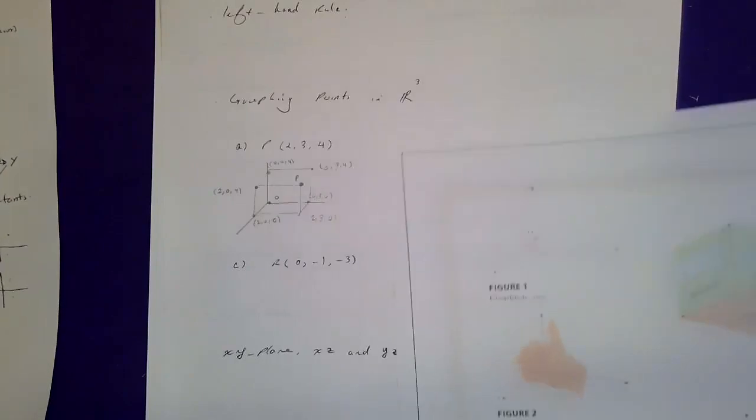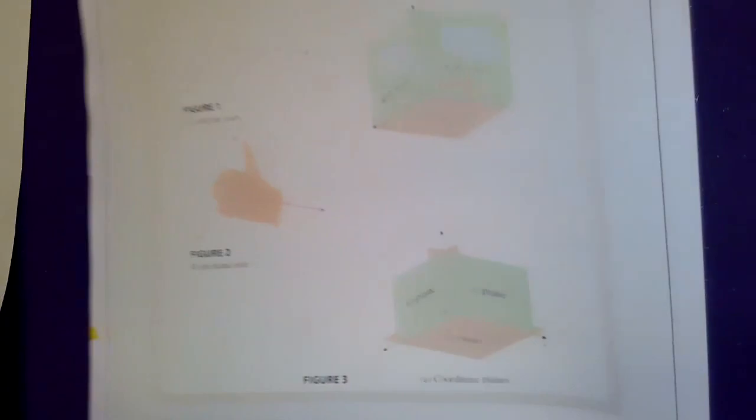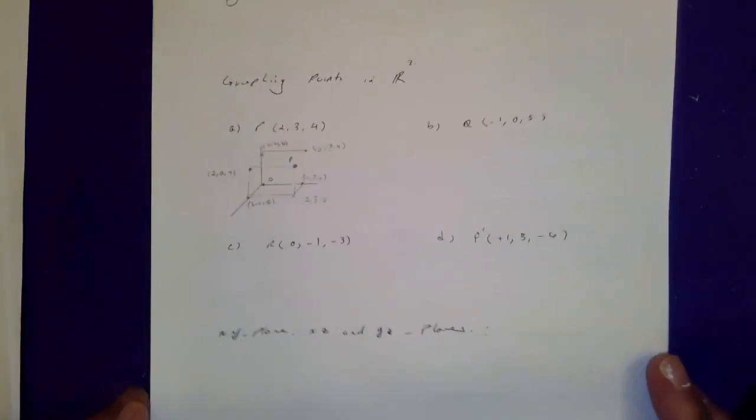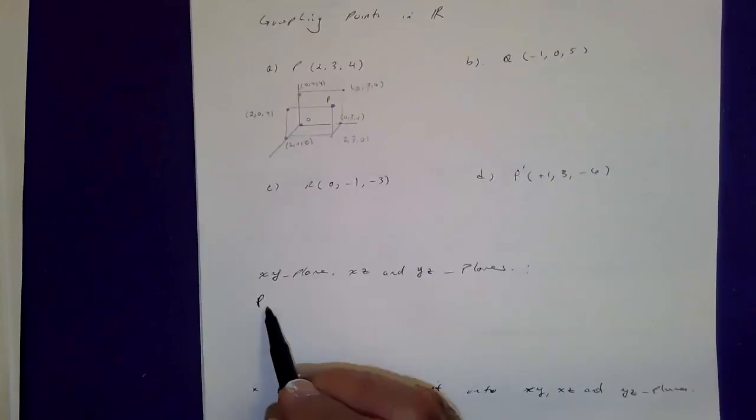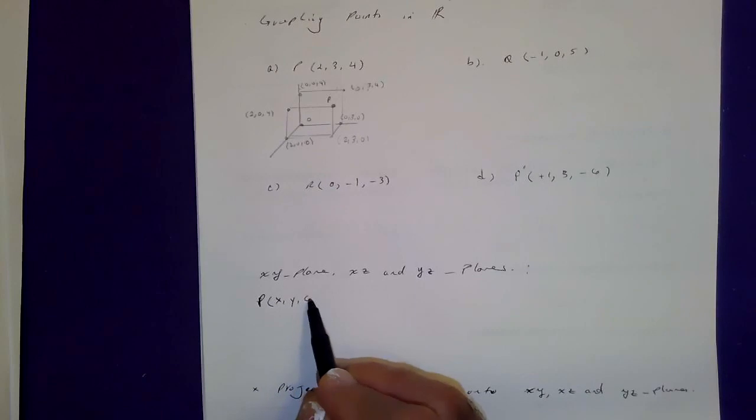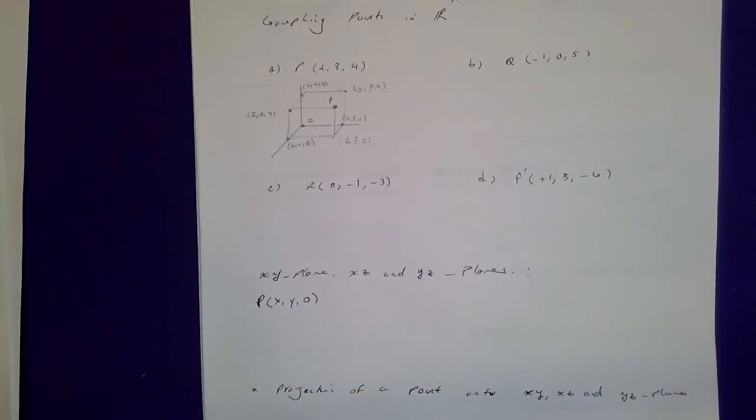So the question is, what's going on in these planes? Well, in the XY plane, any point has the components X, Y, but 0 for Z, because you are on the floor, so there is no height.